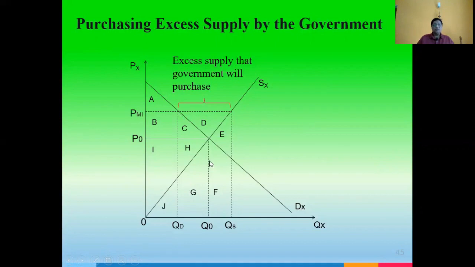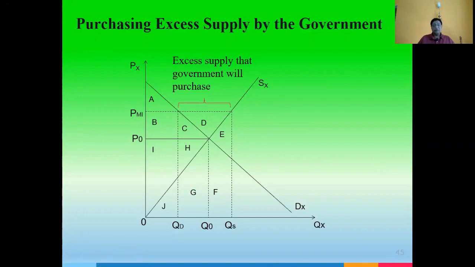Therefore, if you deduct the reduction in consumer surplus and the cost of the government from the increase in producer surplus, then you will get the deadweight loss of this program.